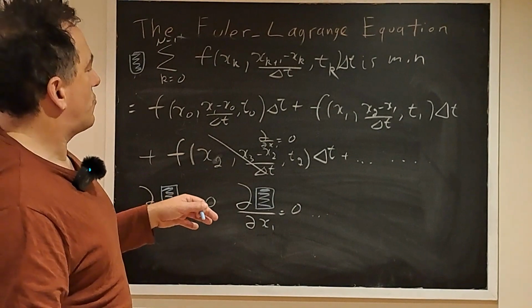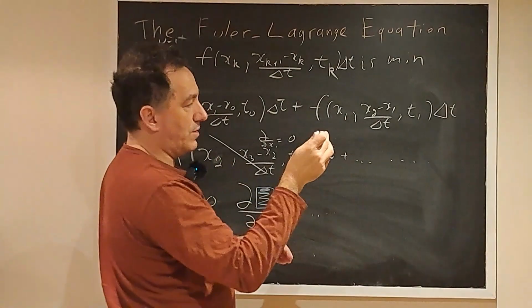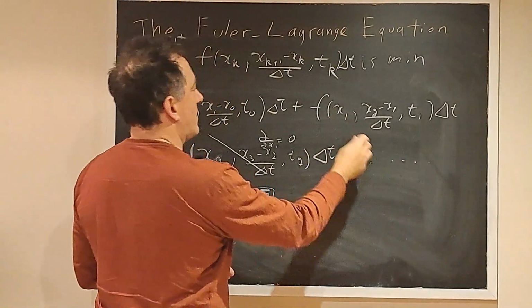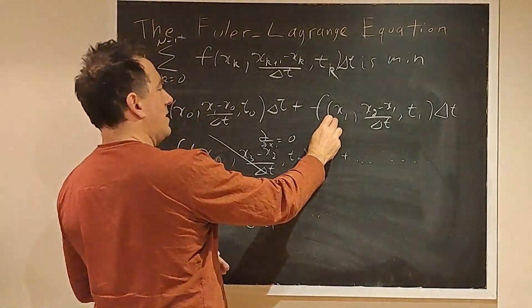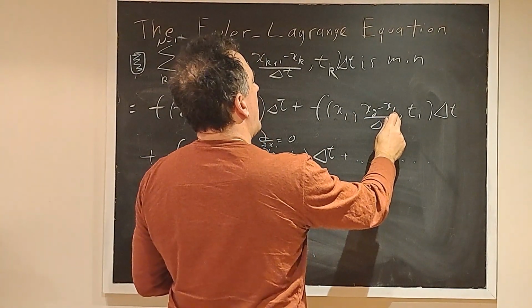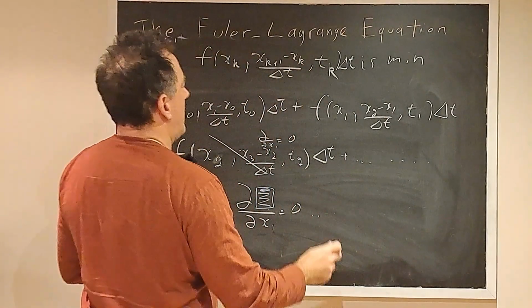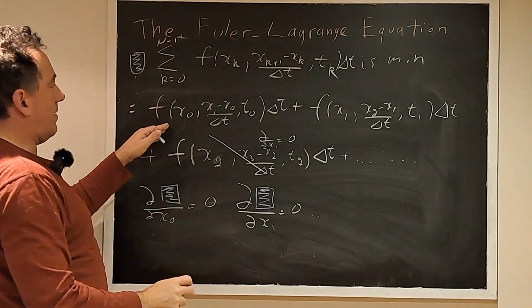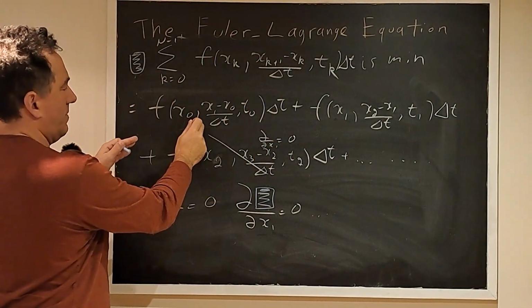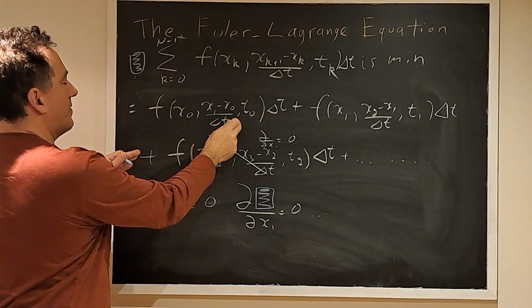Which terms depend on x1? This term will depend on x1 in two respects: directly on x1, and in the second variable, as depending on x1 and x2. And here, it will depend on x1 because there is an x1 in the second variable.